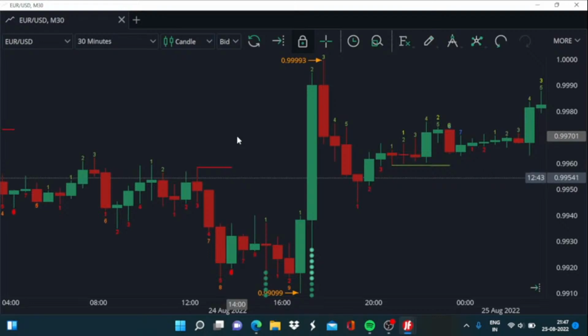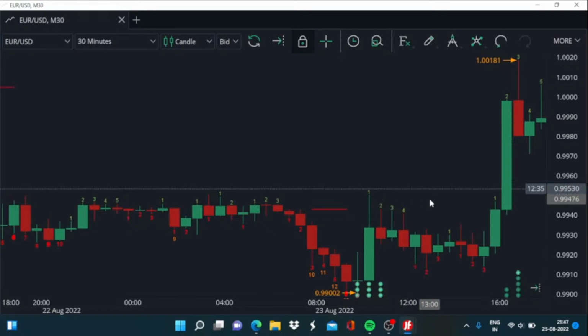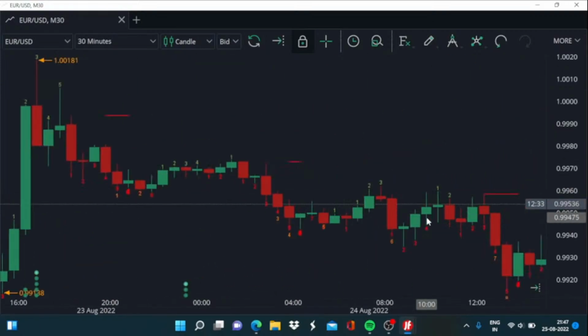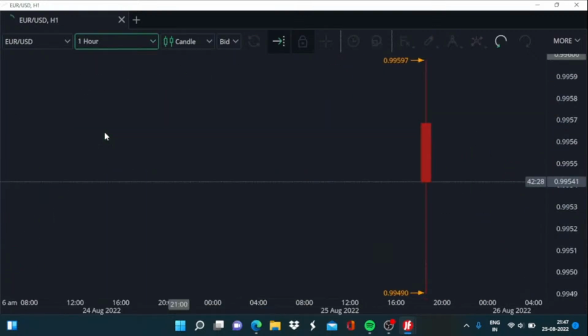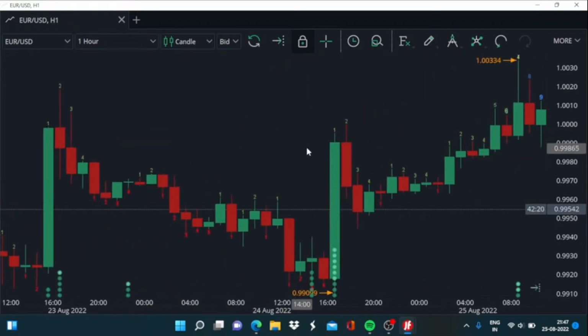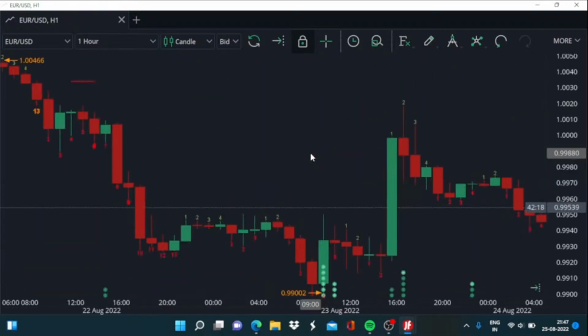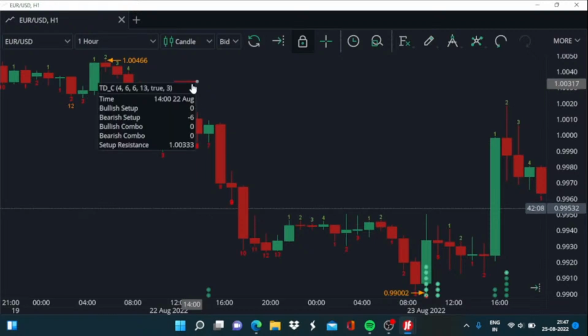Then in that scenario, like all other indicators, this indicator will also fail. So that is the drawback. If we see too many frequent changes in the trend, then in that case the indicator's reliability will be quite less. So to take into account that possible situation, you have to customize the indicator keeping these shortcomings, or you can say drawbacks, in mind, and try to minimize the possible losses, even if a wrong signal is generated by this TD combo indicator.